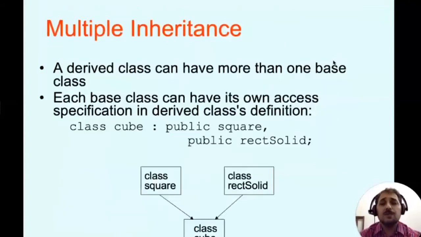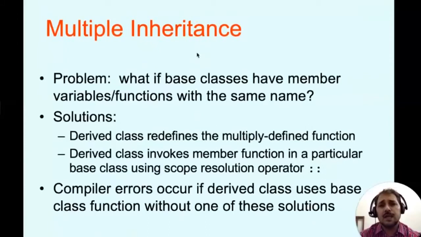There are two solutions for that. One solution is that the derived class, in this example case the C class, should redefine the show function. So by redefining, the problem can be solved.